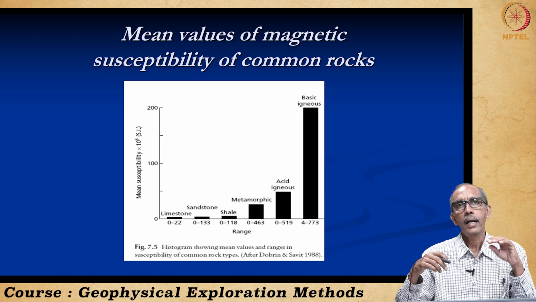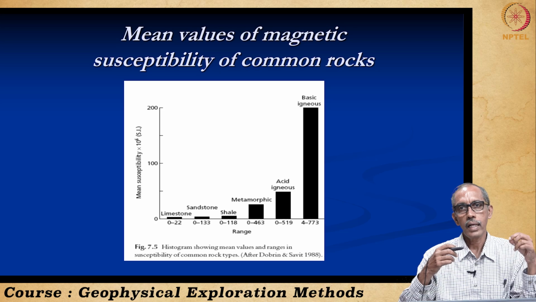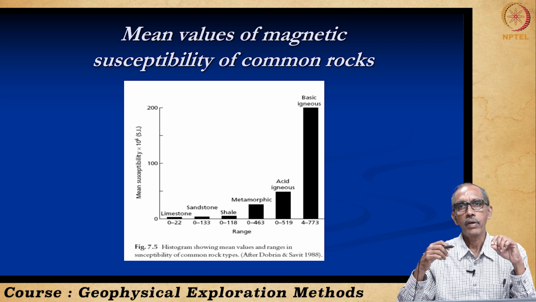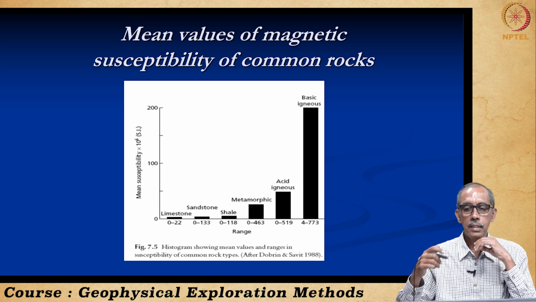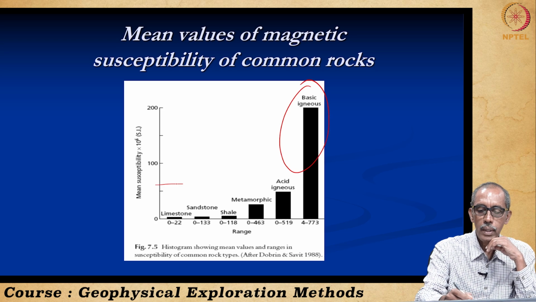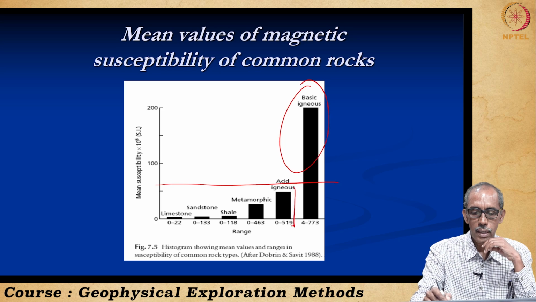And if you look at the magnetic susceptibility as we had seen in the previous page using a table, here it is very evident that the magnetic susceptibility of the basic igneous rocks are very much higher than all the other rocks which are up to this.